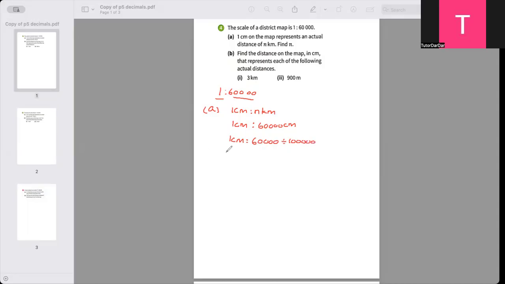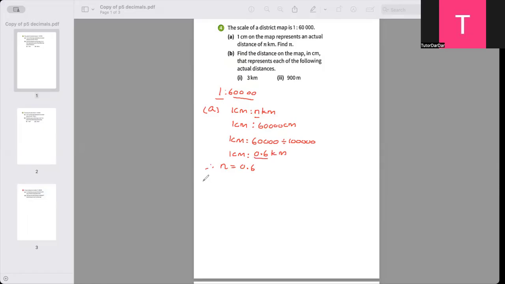Why? We are converting it to kilometer. So 1 cm is to 0.6 kilometer. Therefore, n is equal to 0.6. Why? N is here. This is the value for the n.